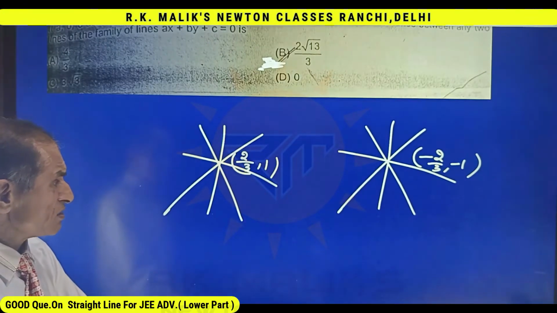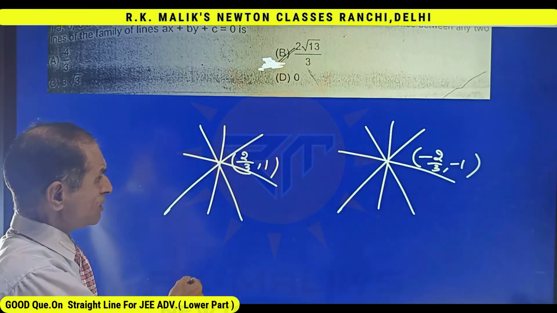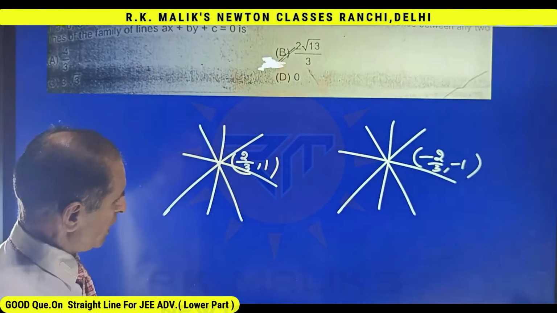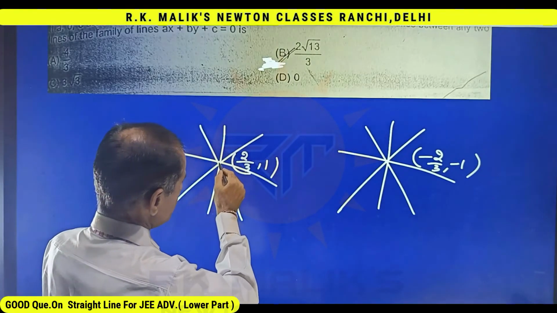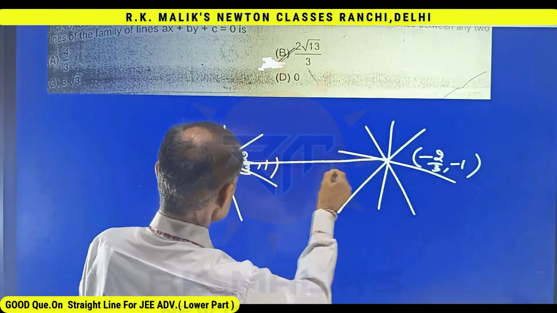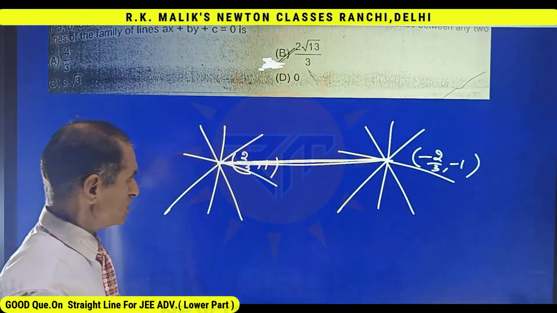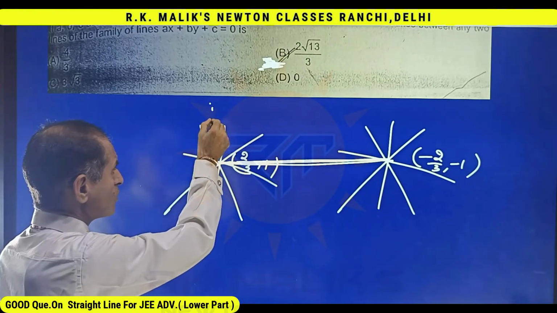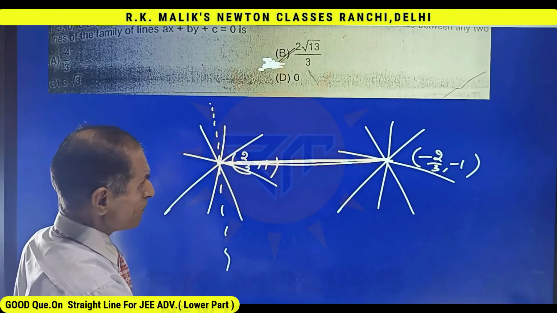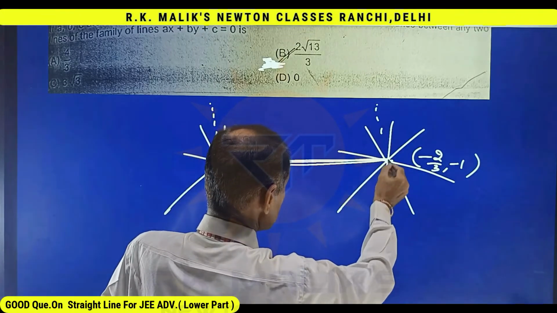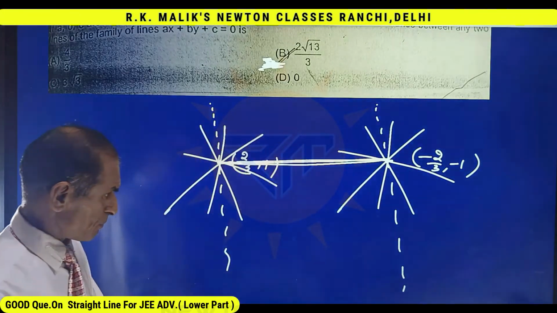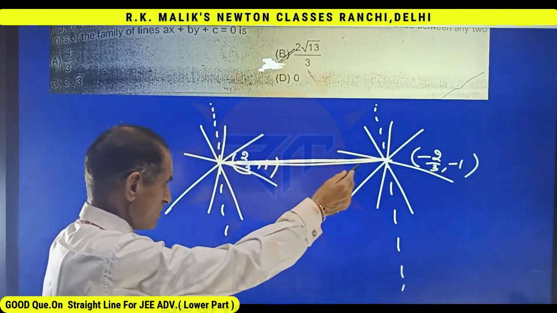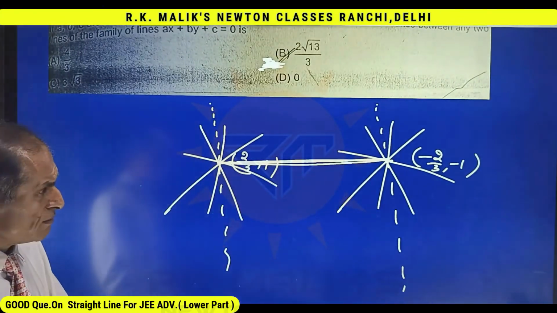But take that case when a line of this family and a line of this family are parallel, and those two lines are perpendicular to the line joining these two points. That is, one line is of this type, the other line is of this type. For these two lines, the distance between the lines is maximum.